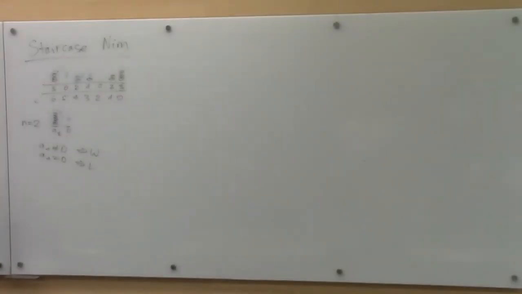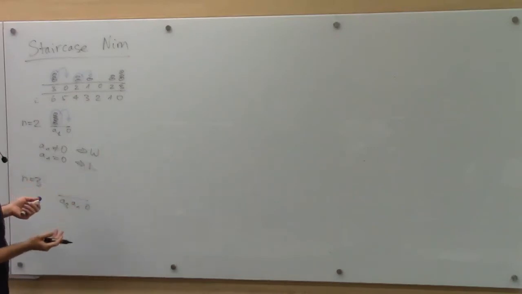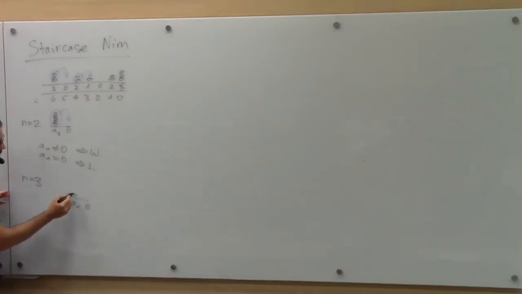So let's say what is happening if n is equal to 3. Let's say that we have some A2, A1, and here we have 0. Okay, so let's calculate the same idea. So maybe A2 is equal to A1. What will it give us?